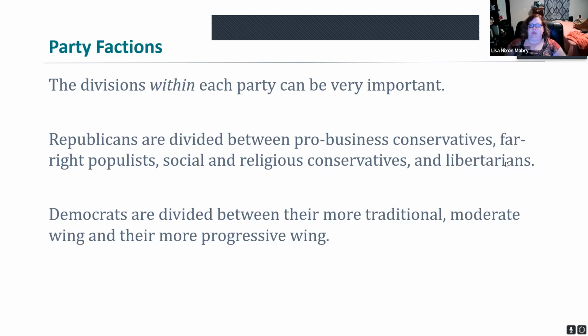In addition to the divide between different parties, there are also what you would call factions within political parties. So I don't believe your book defines factions, but hopefully you can gather what that is or already know what that is.